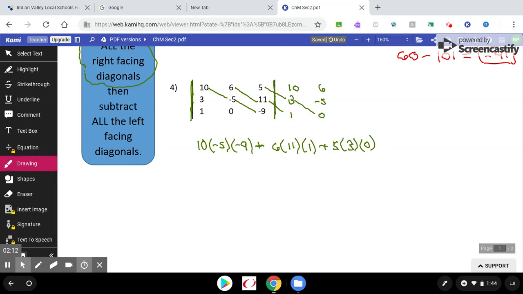All right, left-facing diagonals. Going to the left. 5 times negative 5 times 1, plus 10 times 11 times 0. You might be thinking to yourself, well, if I times it by 0, that's going to end up being 0, and you're not wrong. You could shortcut that if you wanted to. And there's the other left-facing diagonal.